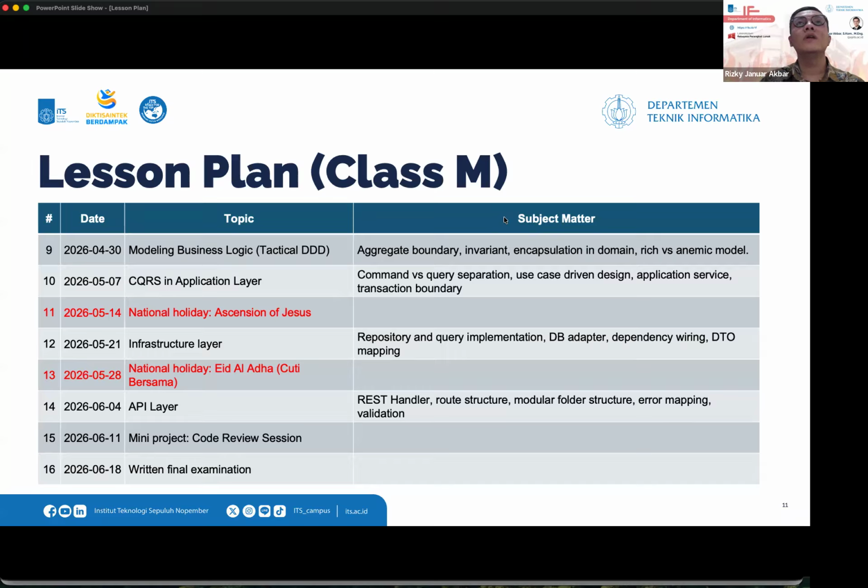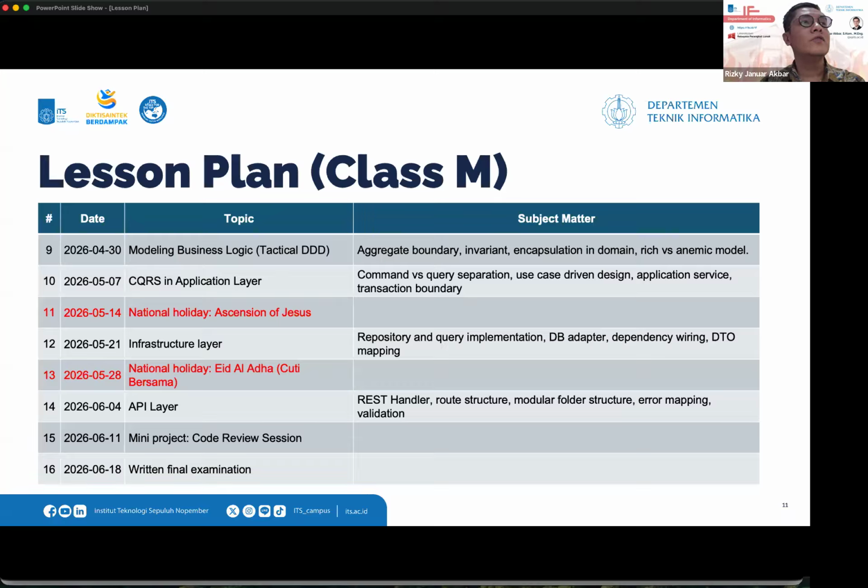And then you will learn about how to create a DTO to make sure that the integration with external systems doesn't force you to change your internal system. And in week 13, we don't have any class because it's, I think, cuti bersama, Idul Adha, national holiday.